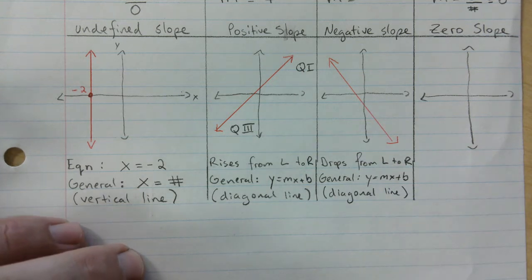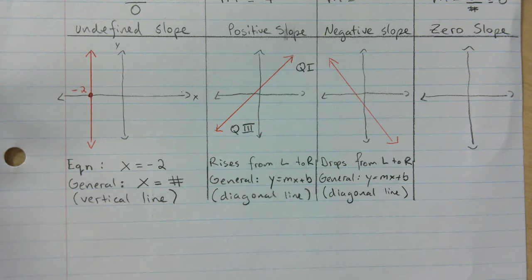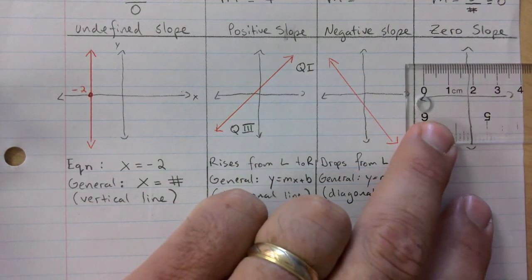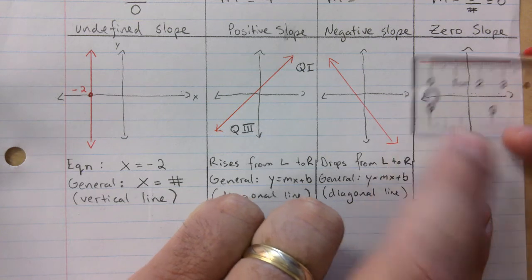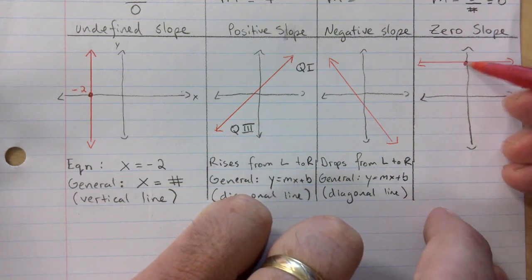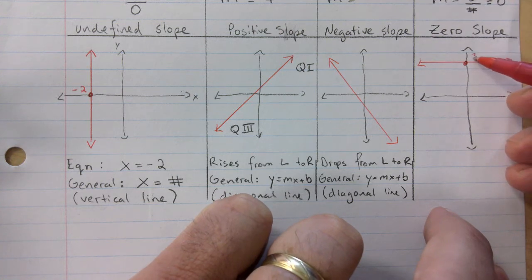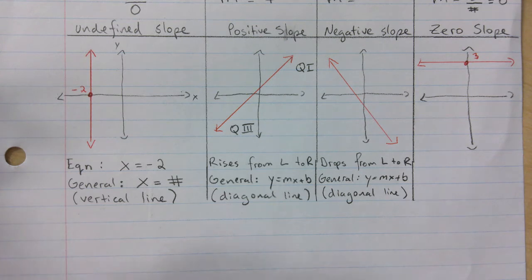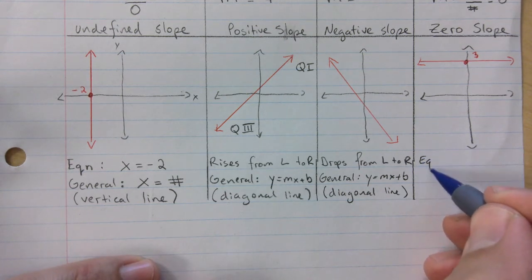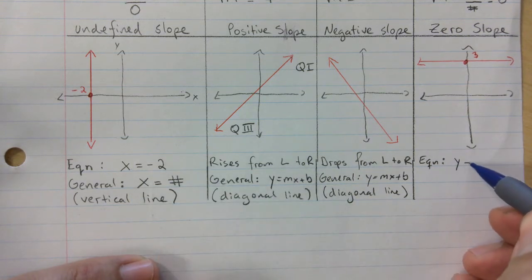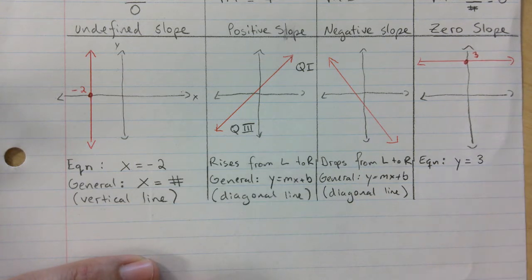And last but not least, the zero slope, we have a horizontal line. So we can make this positive here. Let's say you go through positive 3 there. In this case, the equation is actually not x, but it's y is equal to 3.